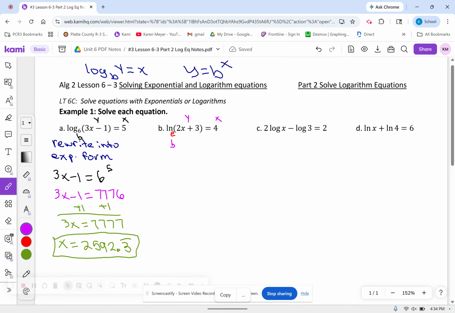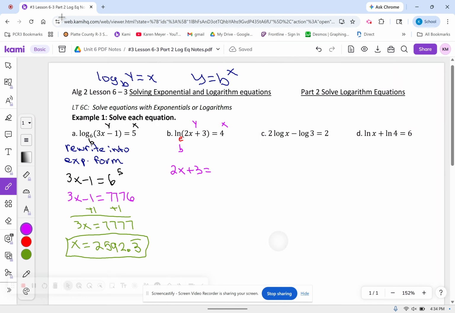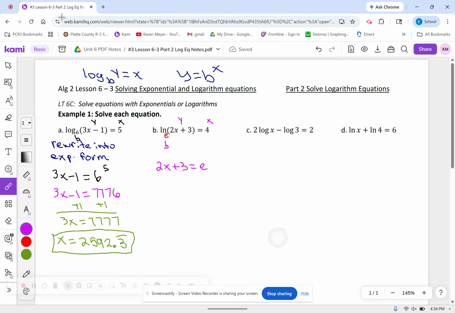So then when I rewrite this, I would say 2x plus 3 equals e raised to the 4th power. Okay, and then on your calculator, you'll want to do e to the 4th power. So remember, to get e, you'll have to do second ln, and then your e should pop up on your calculator when you do that.